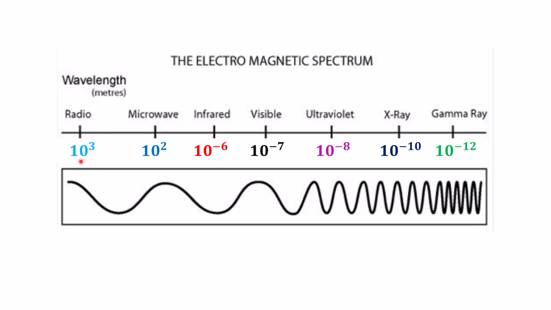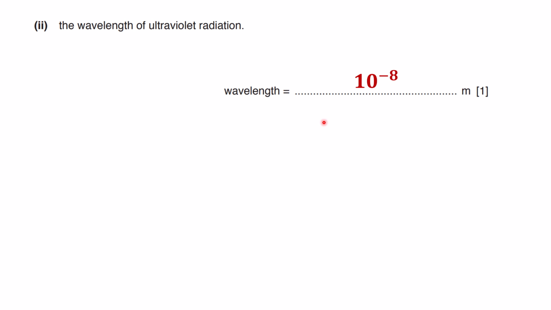For radio waves, about 10 to the 3, microwaves 10 to the 2nd power, infrared, visible light, ultraviolet, X-ray, and gamma rays, because it will be easy to answer any question related to estimation or the sequence of any wave that belongs to the electromagnetic spectrum. Therefore, the best estimation for the UV radiation is 10 to the minus 8 meters.